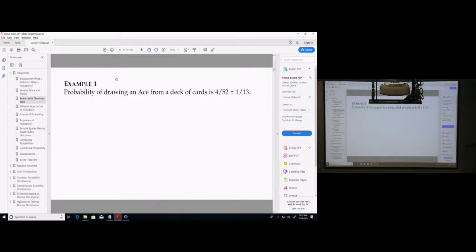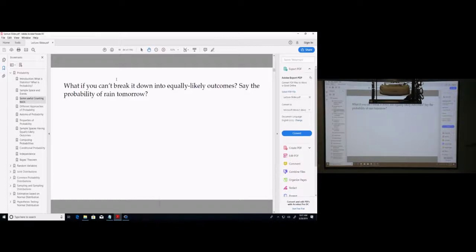Now, of course, this is the basic assumption, but if you pull out a new deck of cards and don't shuffle it, of course you know where the aces are, so then the probability will be different. Okay, what if you can't break it down into equally likely outcomes, say the probability of rain tomorrow?